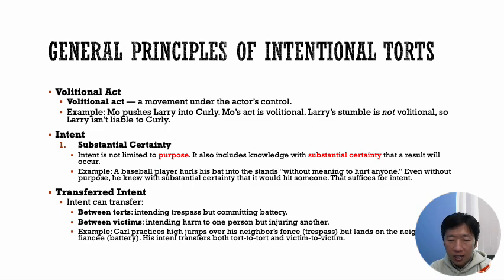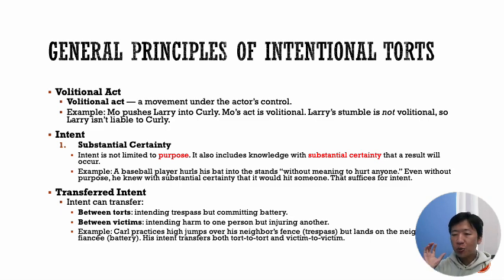And hitting the fiancé will be subject to battery. So we can see that the intent has been transferred from trespass to battery. The victim also has been transferred from the homeowner to his fiancé. So when we're doing the essay question, we need to always look for transfer intent.